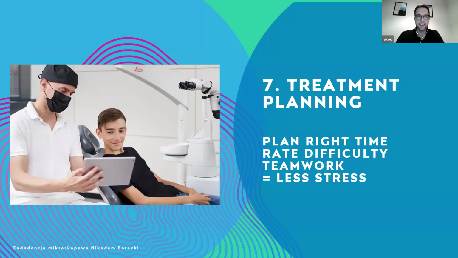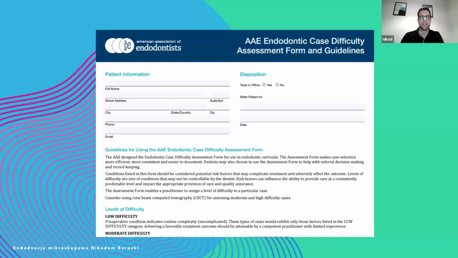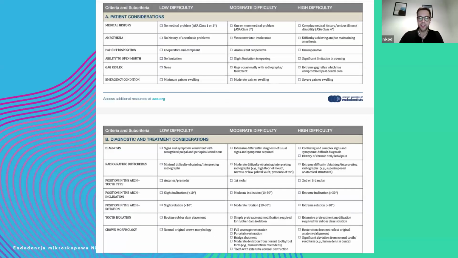And at the beginning, a young endodontist should rate the difficulty of the case. Here we can see an article made by the American Association of Endodontists, and they rate cases with low, moderate, and high difficulty criteria. We can see that high difficulty criteria are, for example, second and third molars, extreme rotation in position in the arch.